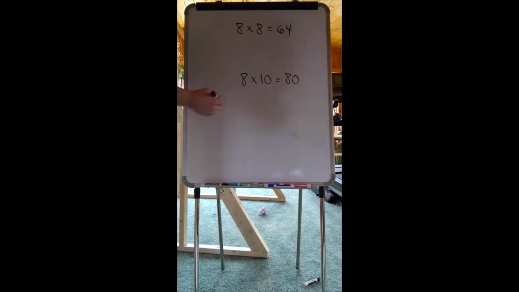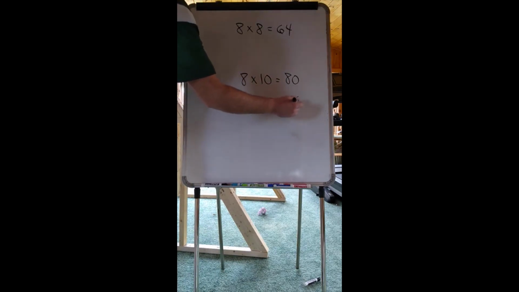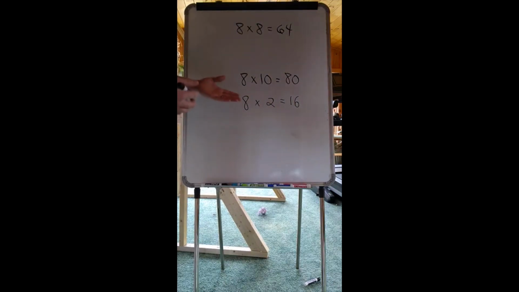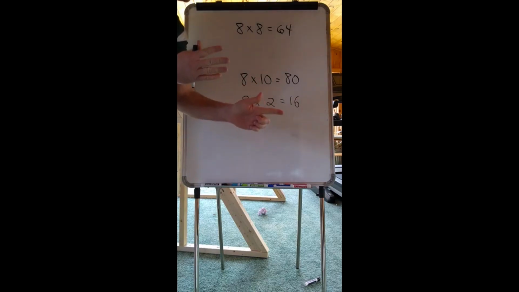Now we also know that 8 multiplied by 2 is 16. It's a little bit difficult to count by 8s, but in this case, 8 multiplied by 2 is the same thing as 2 multiplied by 8. And we've been counting by 2s or multiplying by 2s for a long time. So 2, 8 times is 2, 4, 6, 8, 10, 12, 14, 16.